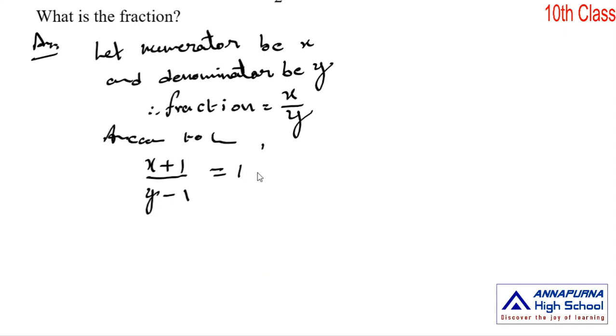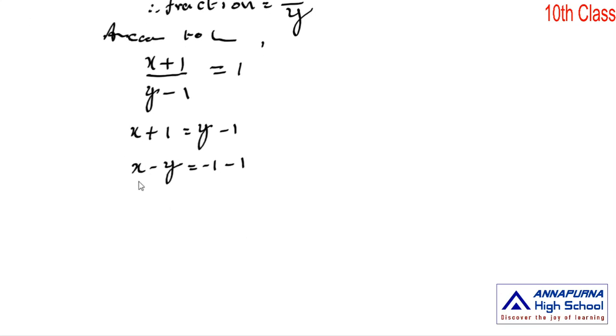Now change this equation to a linear equation in two variables by doing cross multiplication. So when we do the cross multiplication, x plus 1 is equal to y minus 1, and when you put the variable terms on the left side and constant terms on the right side, that implies x minus y is equal to minus 1 minus 1. So x minus y is equal to minus 2. So this is the first equation.